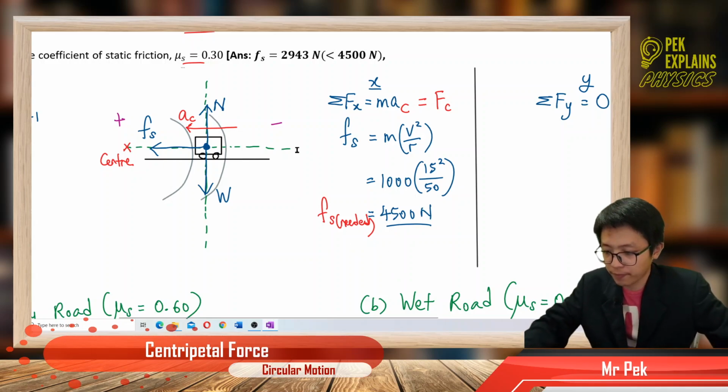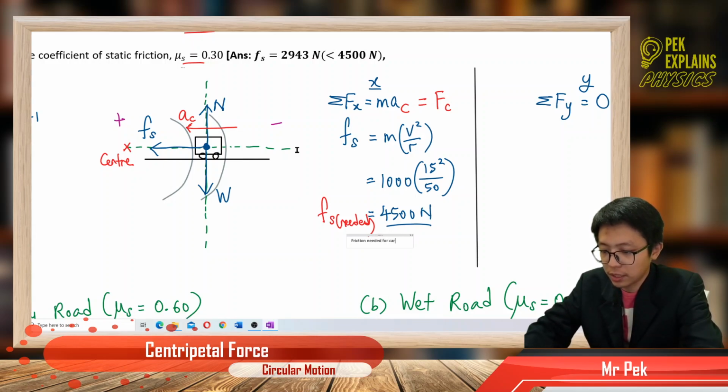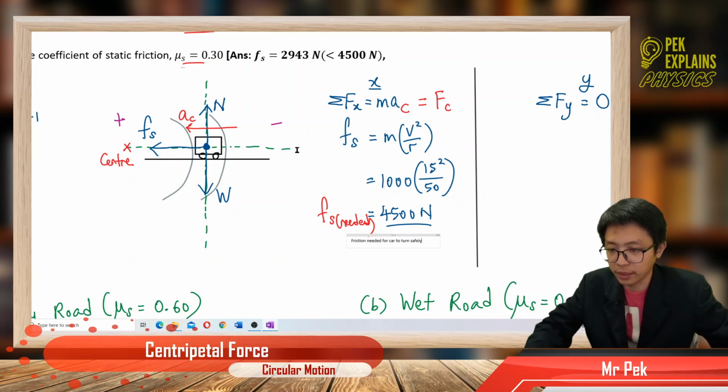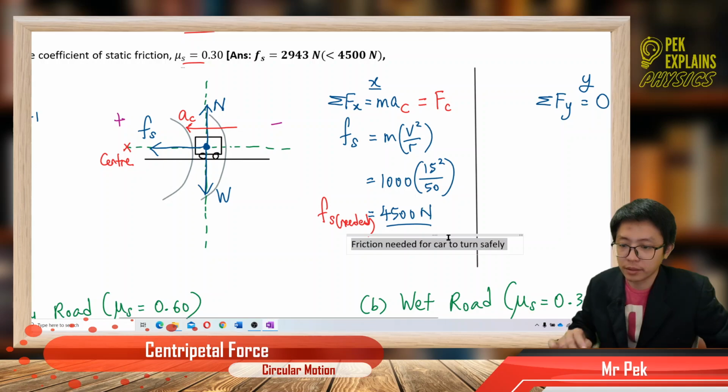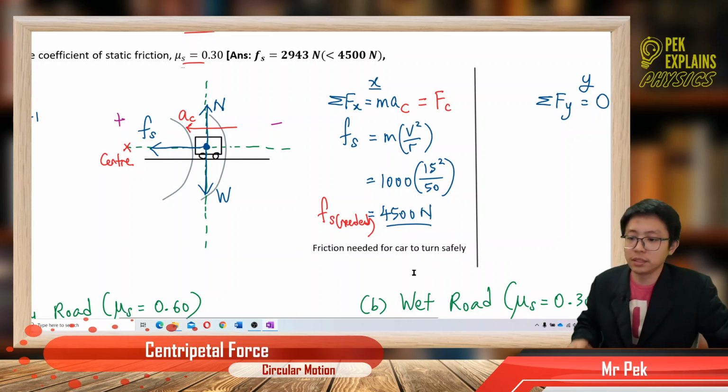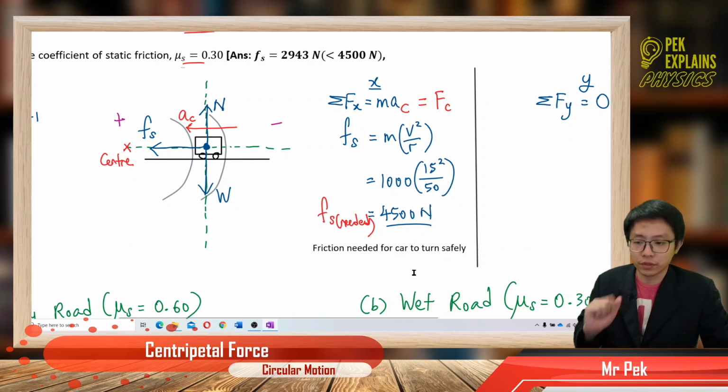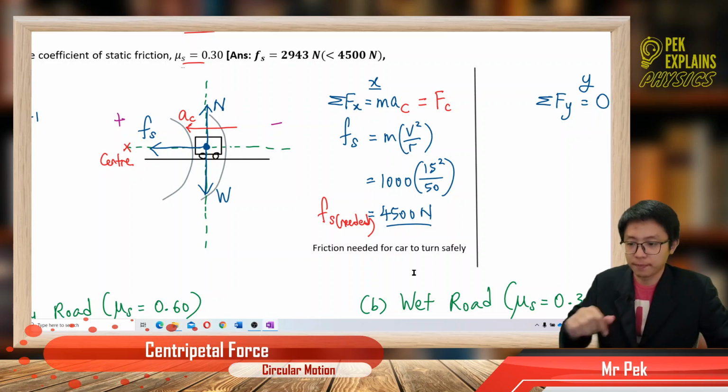The friction needed for the car to turn the curve safely. Right, make it bigger. So this is the friction needed for the car to turn safely.